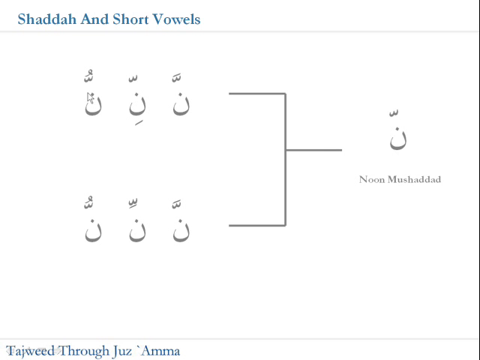The dhamma is always above the shadda. Now with the kasra it can change. In certain scripts the kasra sits directly underneath the shadda, and in certain scripts they put the kasra under the letter itself, but essentially it's still under the shadda. So either way, both of these examples where we have the kasra, they're the same. It's just written slightly differently.